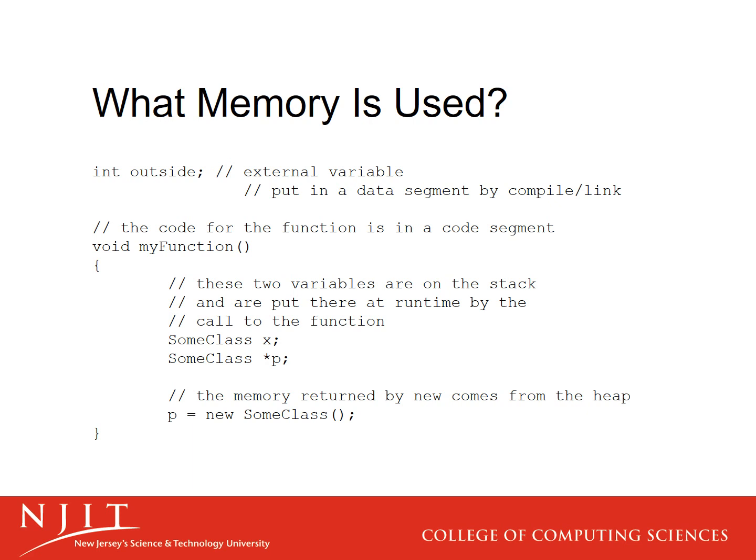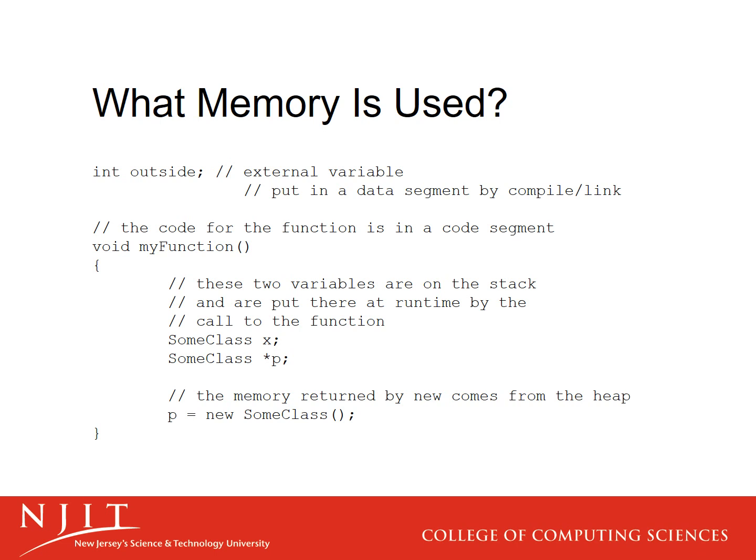Right underneath that variable declaration is a declaration for a function called myFunction. The code for that function goes into code segments somewhere. And you can see that there are two variables declared inside that function. A variable named x, which is of type sum class, and a variable named p, which is of type pointer to sum class.